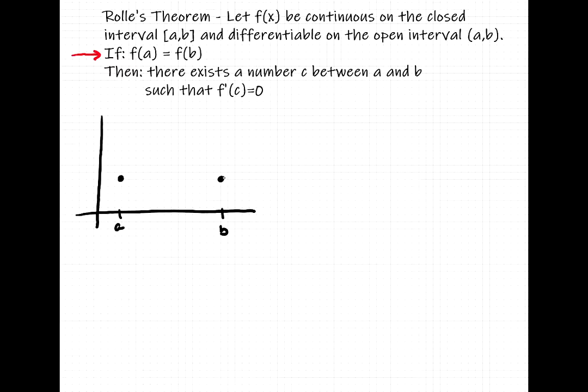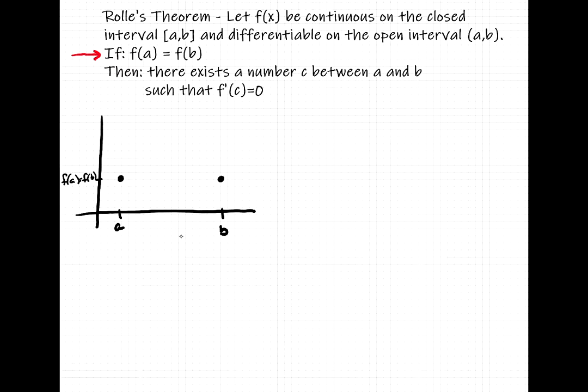Then if f of a and f of b are the same numbers, so this is f of a and it's also f of b, then there exists some number c between a and b, not equal to a, not equal to b, but between them, such that the derivative at c is equal to 0.